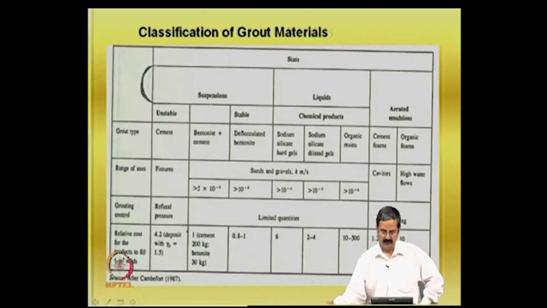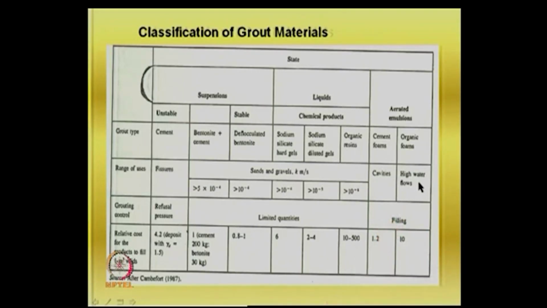Okay. So, even these cavities and high water flows have the same issue, that you need to fill up the cavities. So, you can see that cement foams are somewhat cheaper, but organic foams are expensive. So, essentially the objective here is to solve the difficulties that we have.